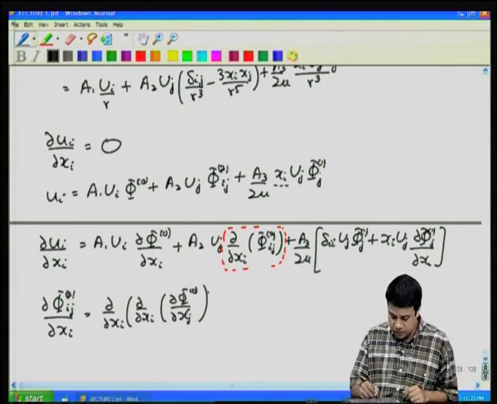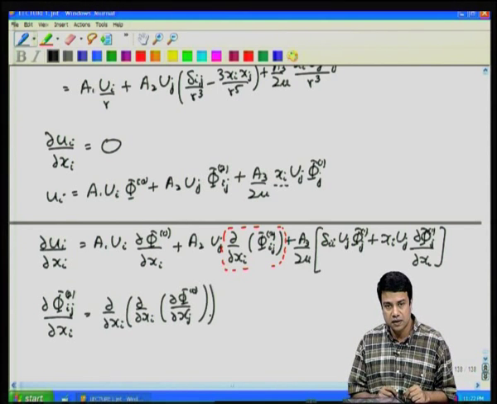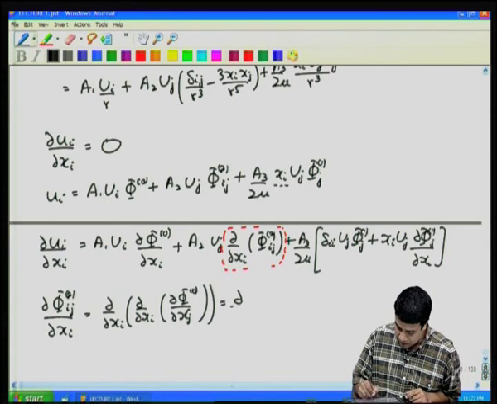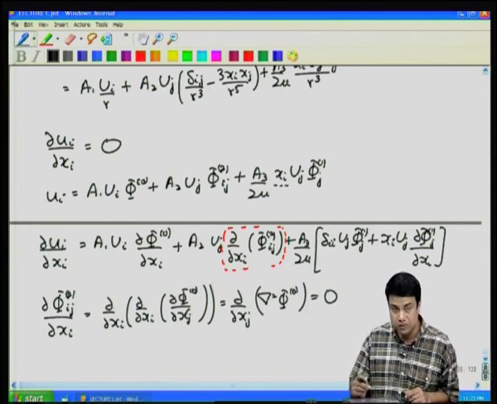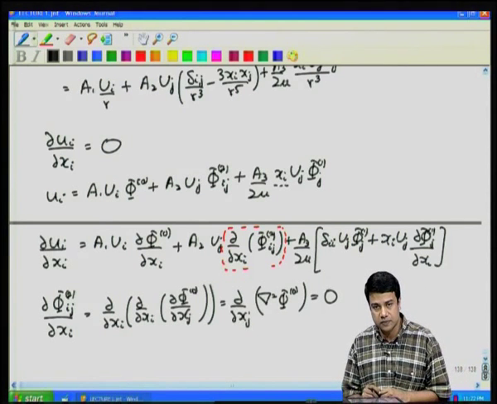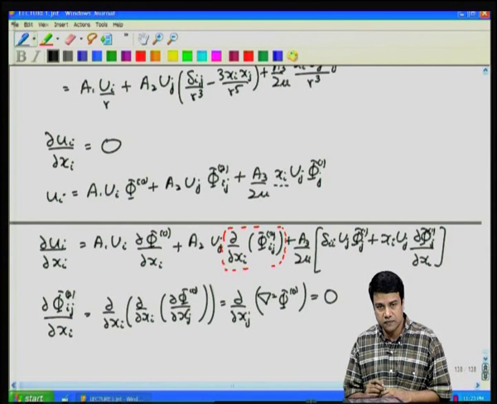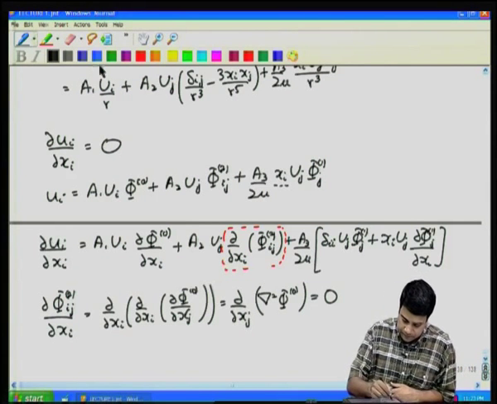I can interchange the order of differentiation here to get partial by partial x j of del square phi naught. This is equal to 0 because phi naught is a solution of the Laplace equation. So, that term in the divergence of the velocity field is identically equal to 0.